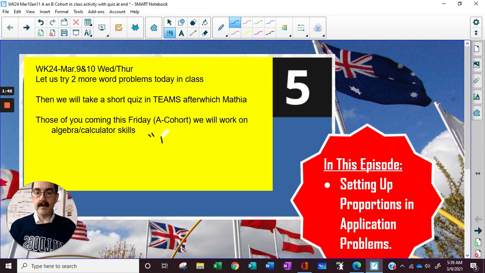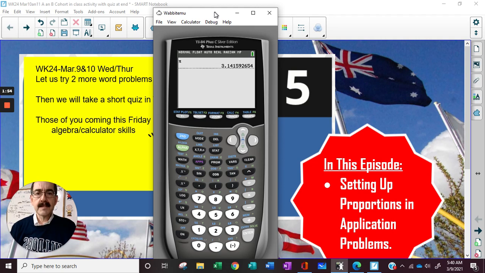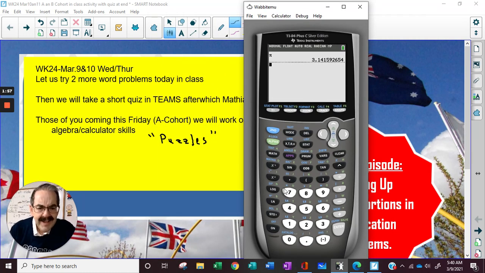How are we going to do that? We got some puzzles. And we want to make sure that we know where the square root button is. If I go 2 squared, that's 2 times 2. How do I undo a square? What's the opposite of squared? Now remember the calculator. What's the opposite of plus? Minus. What's the opposite of multiply? Divide.